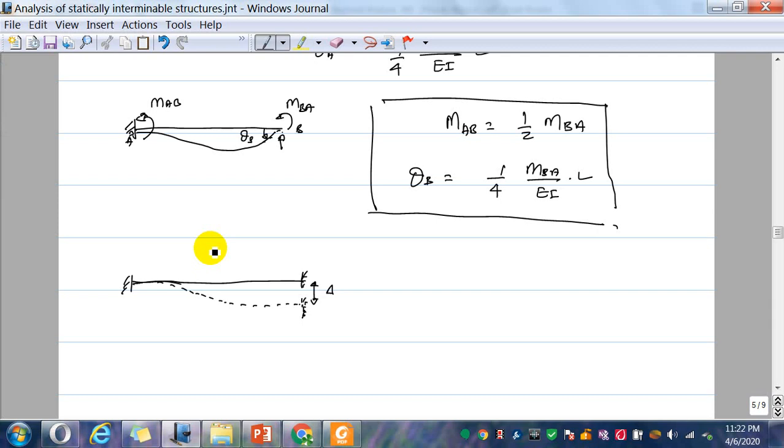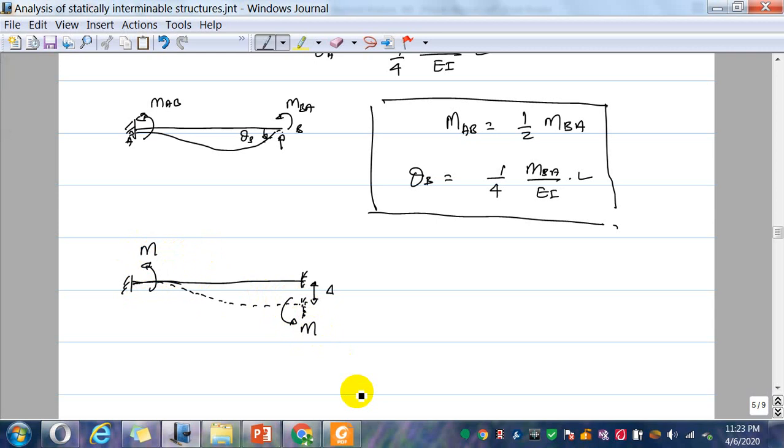If I keep a ruler and fix one side, and if I do not allow rotation, and if I settle the other one a little bit, I can see that my fingers are providing some restraint to the rotation and to keep this slope 0. Here the slope was 0, so then it requires a moment M to keep the rotation 0.